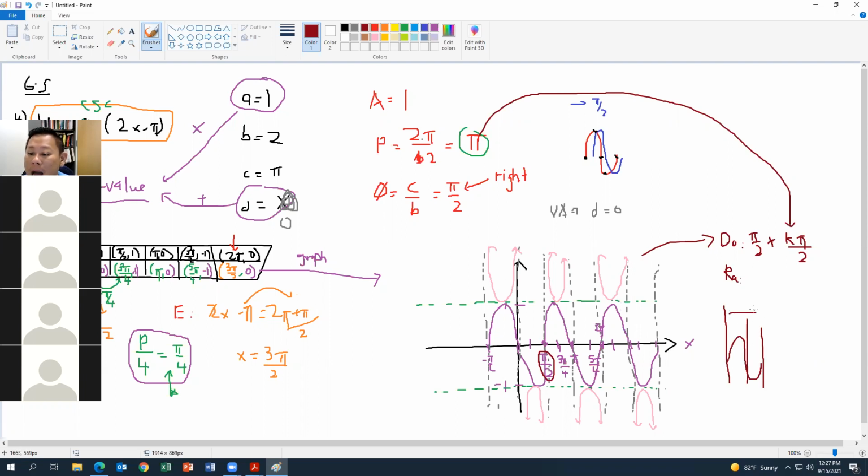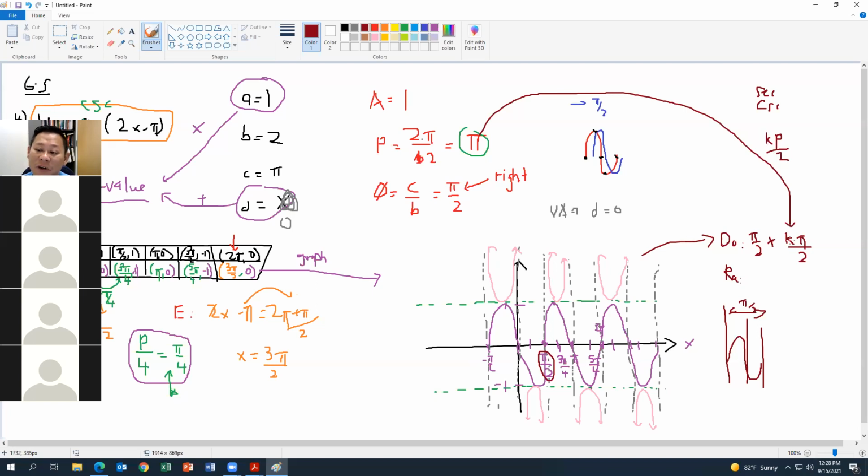So this pi cycle, the whole period that we have, is actually cut into 2. So when you do secant and cosecant, you take the period, divided by 2, and put a K next to it.